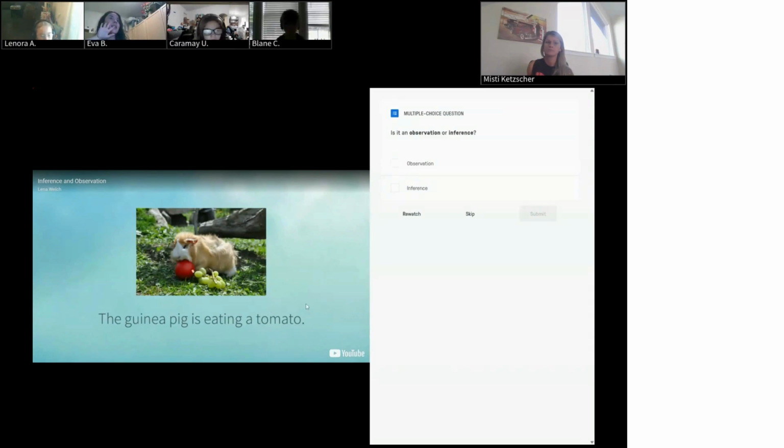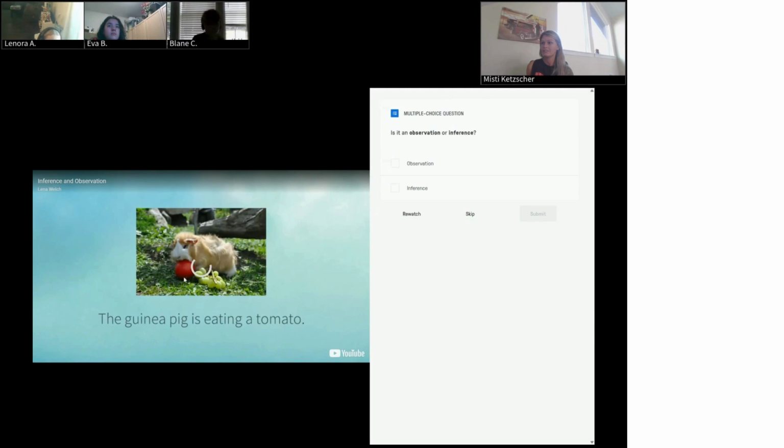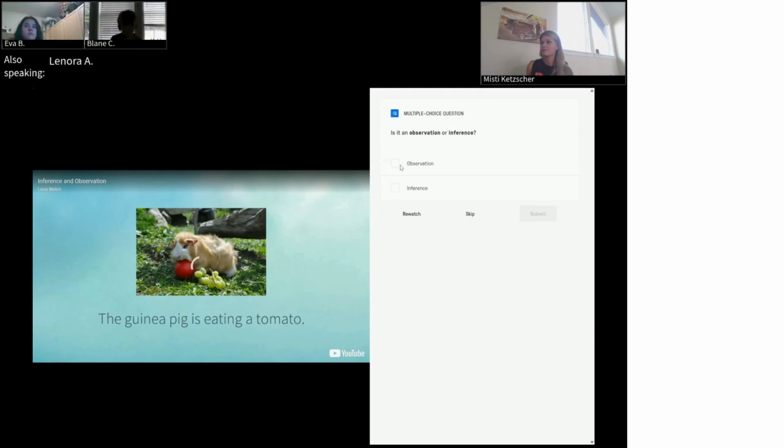I think it's an observation because he's just eating a tomato, he has his mouth on it. Right. We can definitely see that this one is absolutely an observation: the guinea pig is eating that tomato.